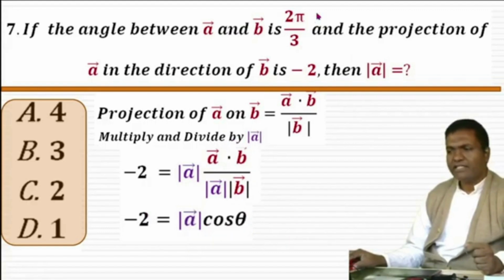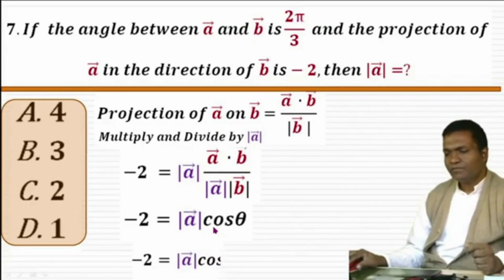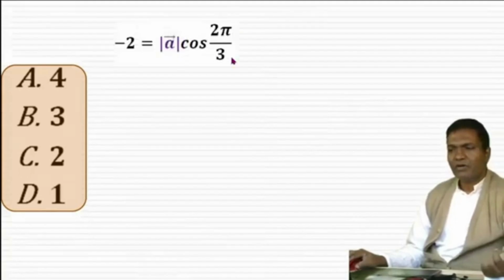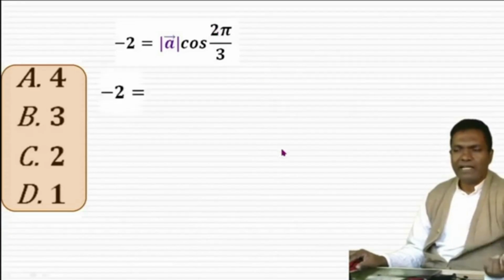Yes. And your theta is given 2 pi by 3. So cos of 2 pi by 3. From here onwards, you can find the value of magnitude of A, just by finding the value of cos 2 pi by 3. So let us find cos 2 pi by 3. If you know, you can write directly, otherwise convert into allied angles.